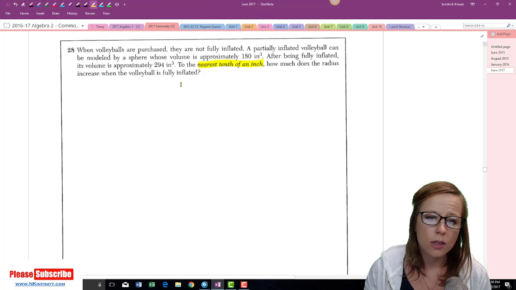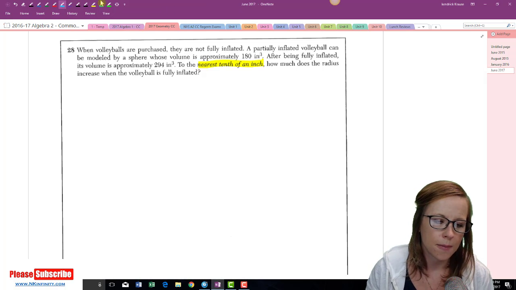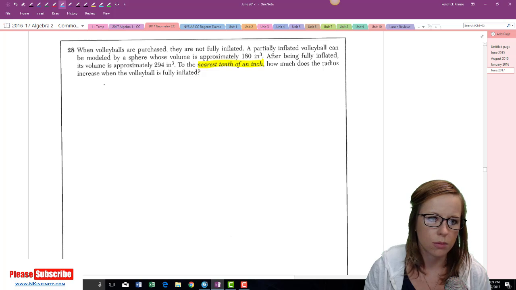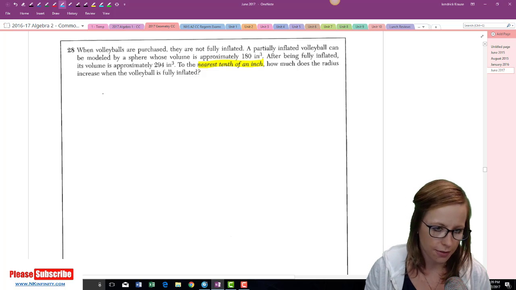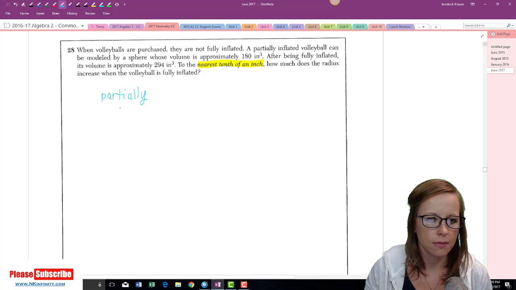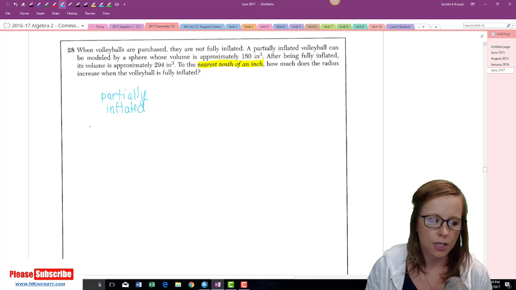Okay, so we're starting with partially inflated. The volume of a partially inflated ball is 180, and the volume of a sphere is 4/3 pi r cubed.